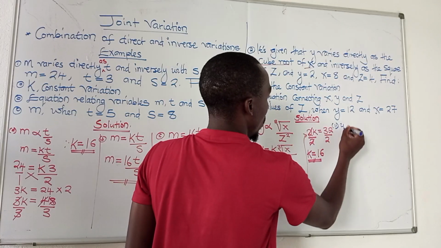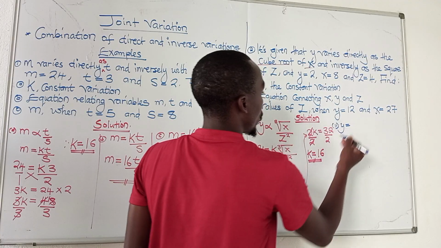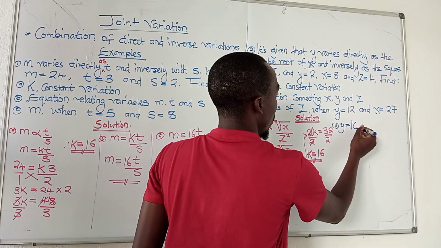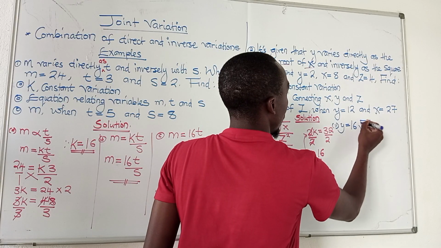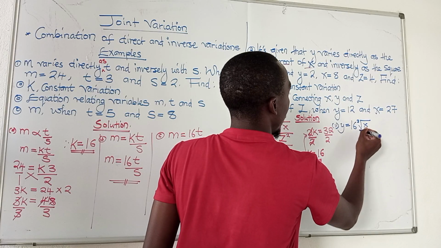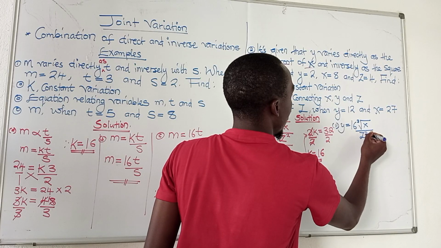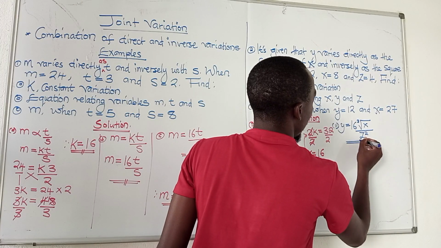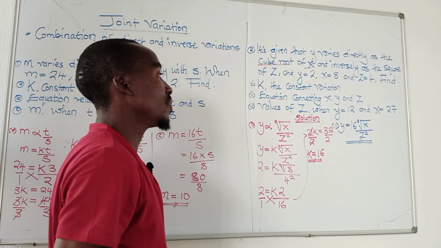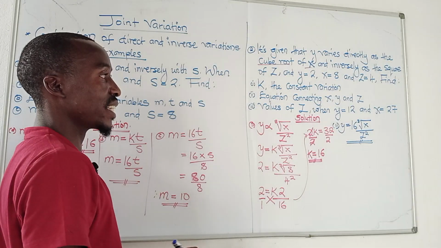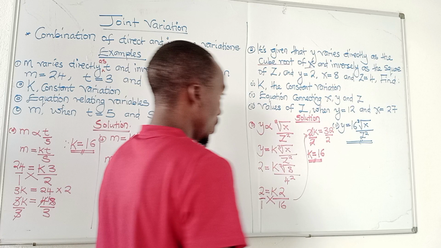I'm going to say y is equal to, where there is a k, we are putting 16. So 16, the cube root of x over what? Z squared. That is the equation connecting what? These 3 variables. Okay, just like that, you have answered.